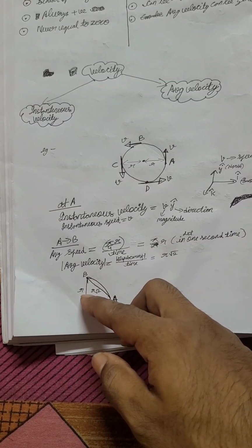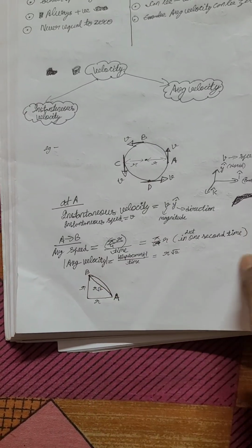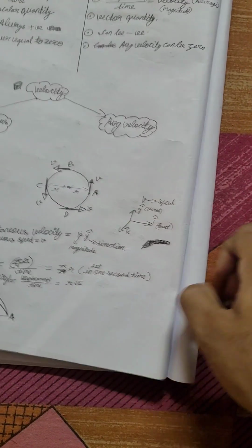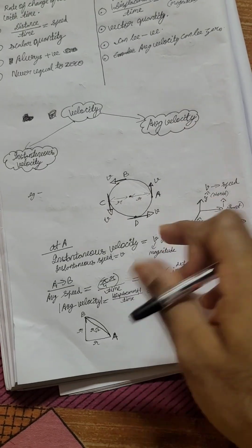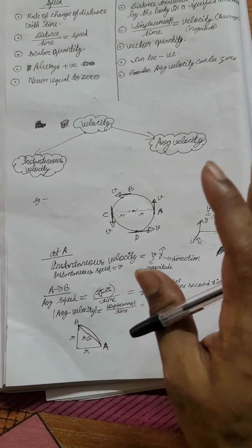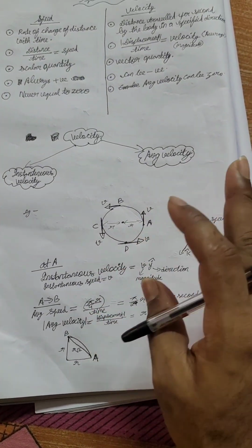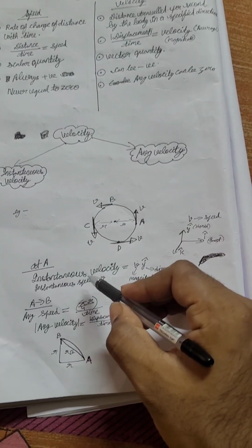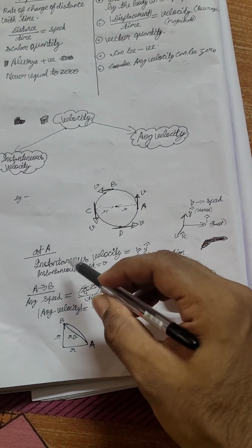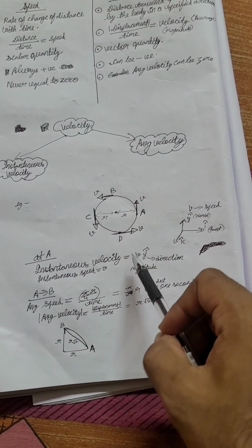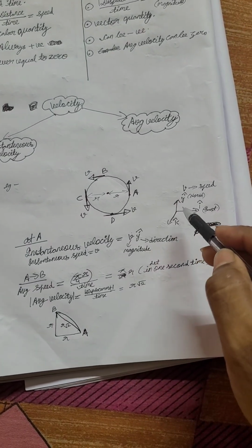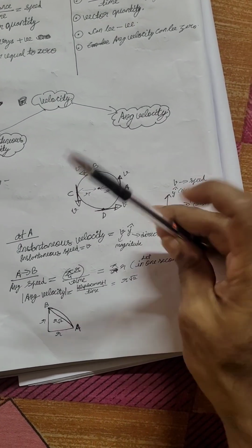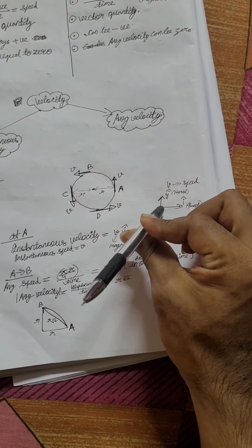And from Pythagoras we can find this straight line displacement. See, this is the difference between instantaneous and average speed. Instantaneous velocity at A is upwards, j cap. I have told you, this is i cap, this is j cap, and this is k cap.